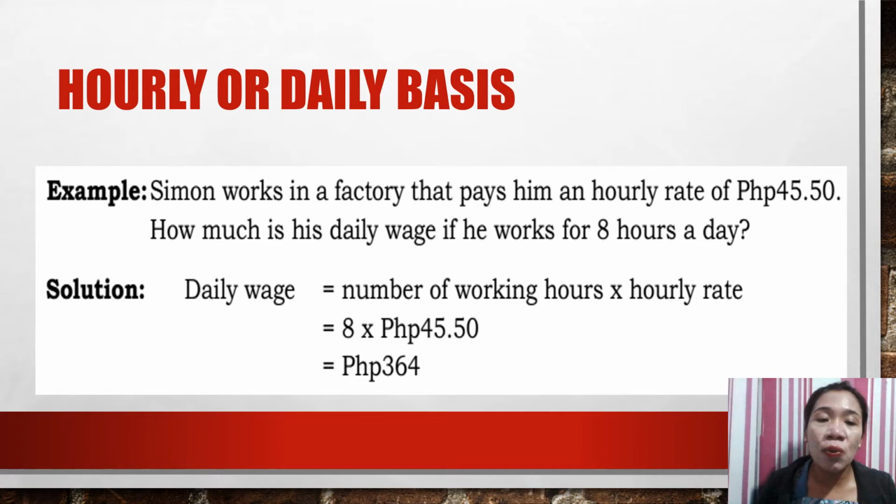Of course, to compute the daily wage, that's the number of working hours times hourly rate. Since we have 8 hours a day as working hours, 8 times 45 pesos and 50 centavos will give you 364 pesos. That is the daily wage of Simon.